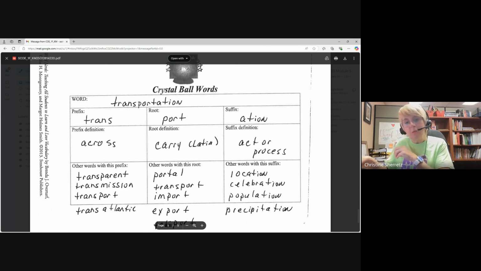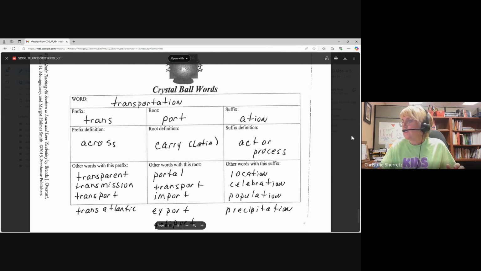In the example in Word Nerds, Leslie's class came up with 41 different words. Then you're going to brainstorm words with port in them: portal, transport, import, export. And then lastly, what are words with the suffix ation? Location, celebration, population, precipitation.